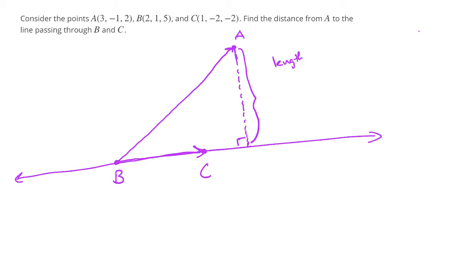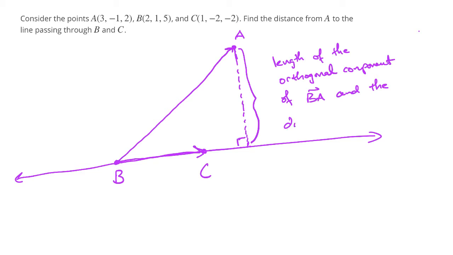So it's the length of the orthogonal component of the vector BA in the direction of the vector BC. And so let's see if we can go ahead and figure out what that value is going to be.